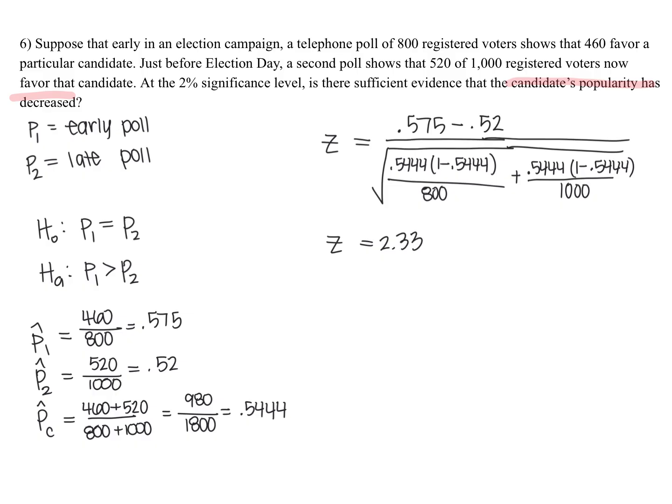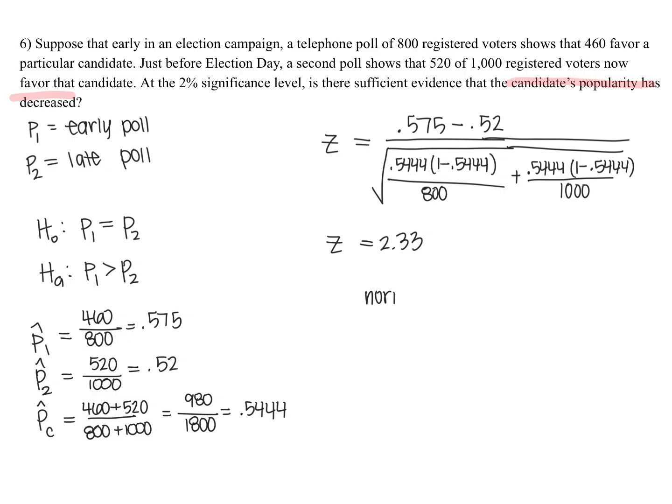You can do 3 decimal places if you want for Z. I only require 2. The only time I require 4 decimal places is if it is strictly a decimal, like if it is between 0 and 1, or when you get to the Z-score, it's less than 1. That's the only time I really require 4 decimal places.